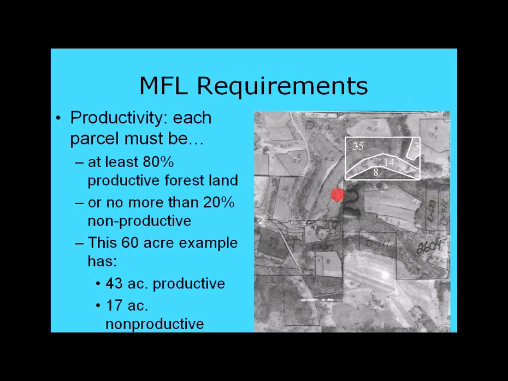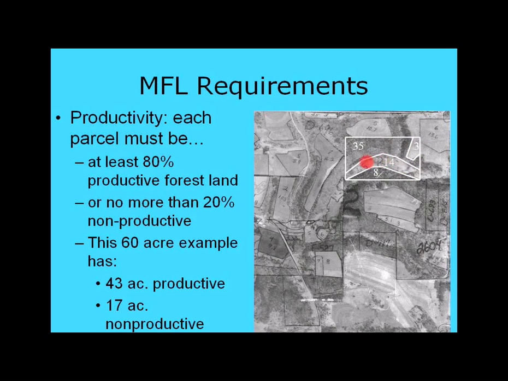Okay, here's another example, and we'll look at what we mean by it has to be 80% productive forest. Let's say this white outlined box is another parcel of land and the owner is interested in entering into the Managed Forest Law program. Here's a 35-acre block of land that's in forest. This 3-acre block is open land.